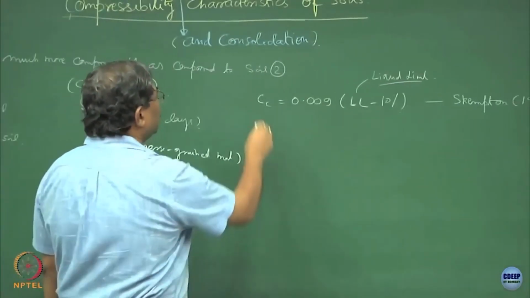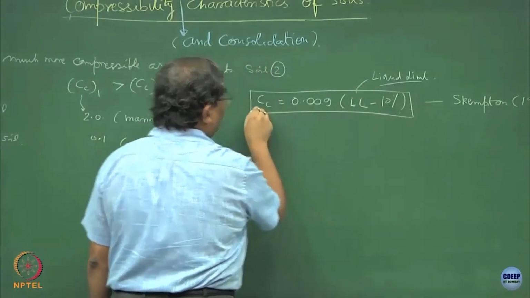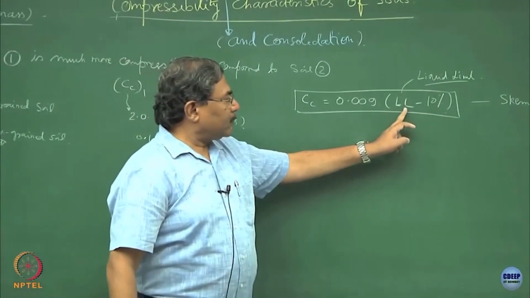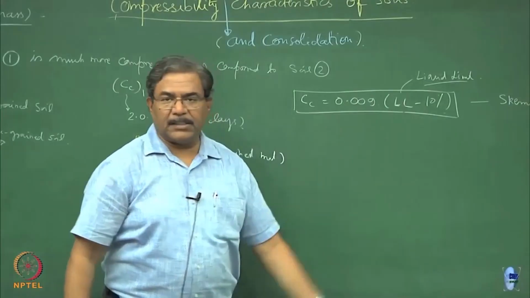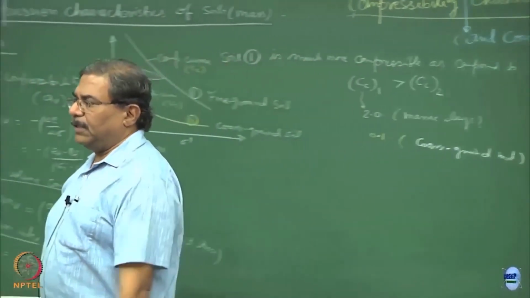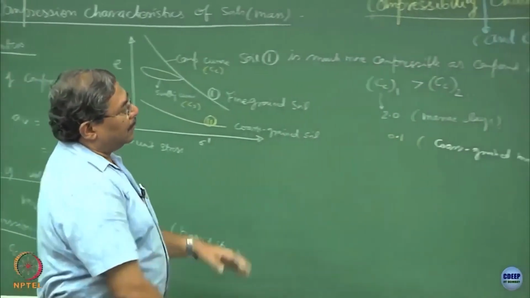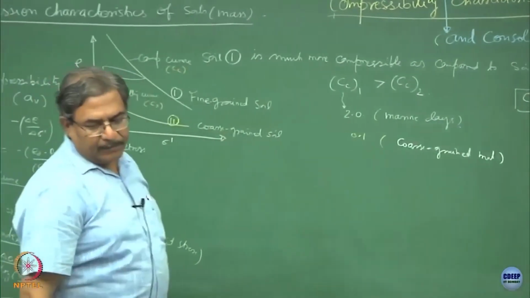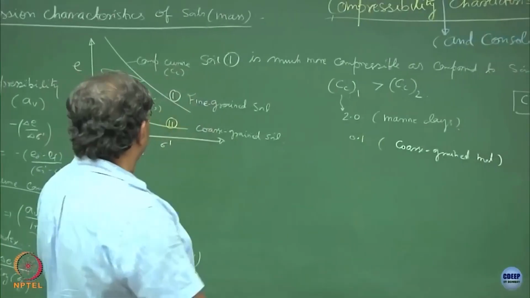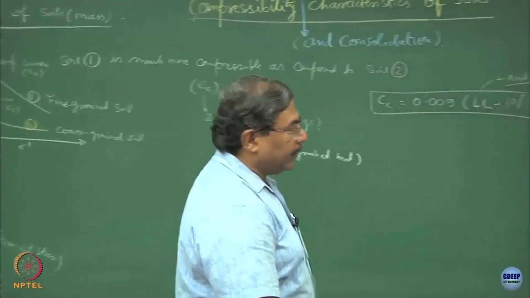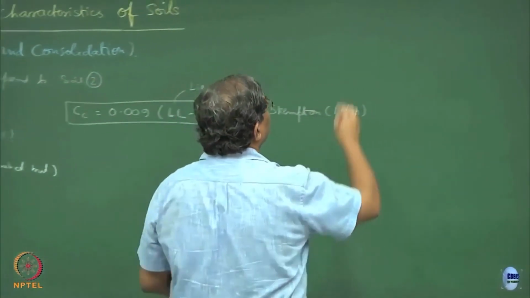So, this is normally used by the designers. If you obtain the liquid limit of the soil mass, you can use this empirical relationship, get the Cc value for an initial design. If you are doing the finer designs, then you have to do this test and get the parameters. Now comes a question: how would you find out the sigma p prime value, the pre-consolidation pressure?